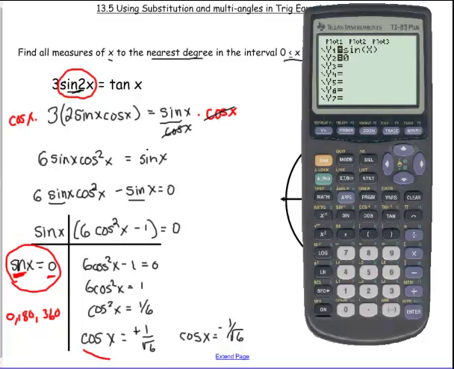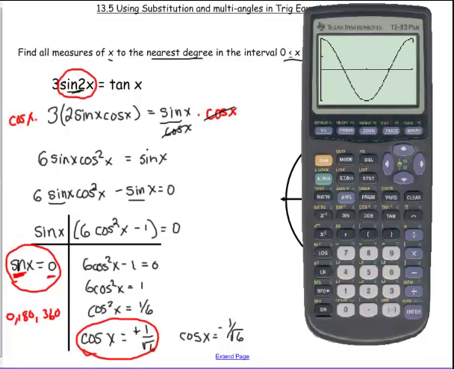Okay, so let's come back. Now let's put my cosine wave in. Where does my cosine wave hit 1 divided by radical 6? There's my cosine wave. There is 1 divided by radical 6. It hits twice, so now I just have to use my intersection to figure that out. Where's my cursor?